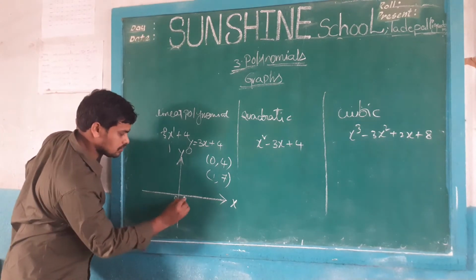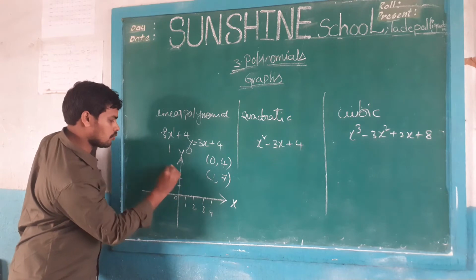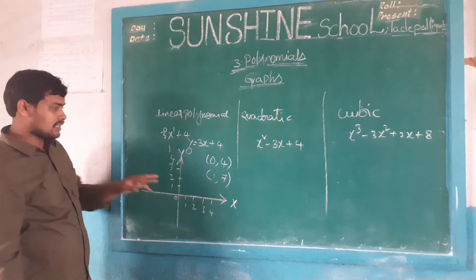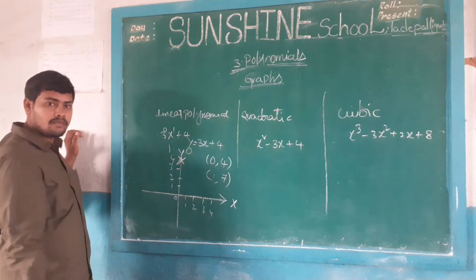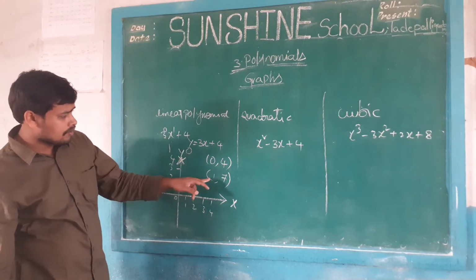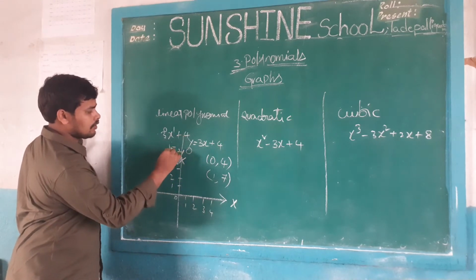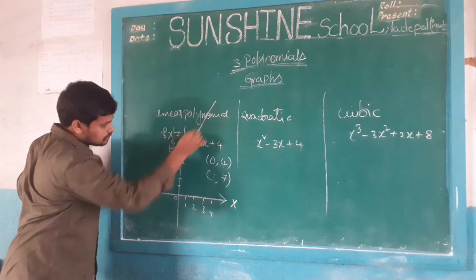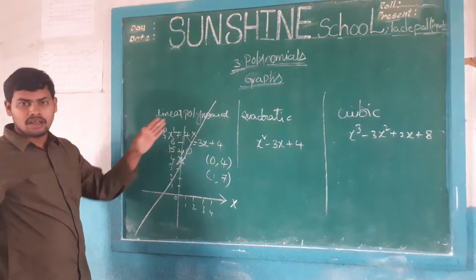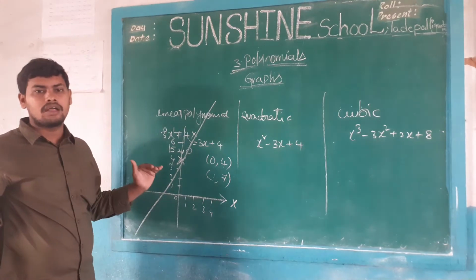So x value 0, y value 4. Next, x value 1, y value 7. So the graph is like this. So this is all about the linear polynomial.